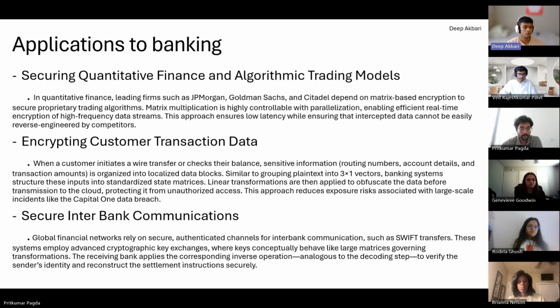Not only that, we also have the encryption of customer data, because when a customer is initiating a wire transfer, there are a lot of factors involved, such as the bank account number, the routing number, the amount, etc. That kind of information is sensitive, which can be traced by hackers and can be a problem.